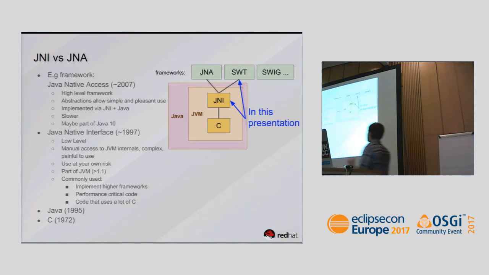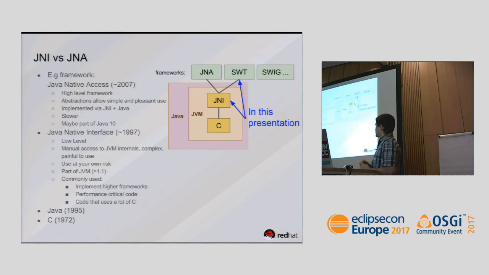So just to give you an idea of where JNI is compared to everything else, JNI is part of the JVM itself. It's been part of Java pretty much since it was released. In the meantime, a lot of frameworks were built on top of JNI, like JNA and SWT and a whole bunch of others. JNI is useful if you want to implement higher level frameworks, or if you have code that is performance critical, because JNA is quite nice to use, but it has performance troubles in certain scenarios.